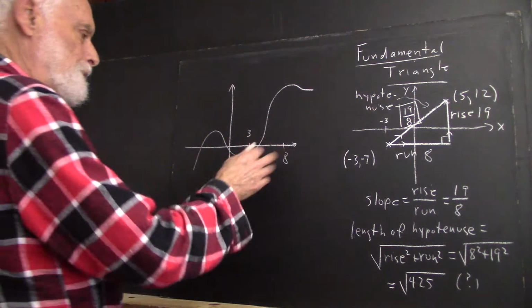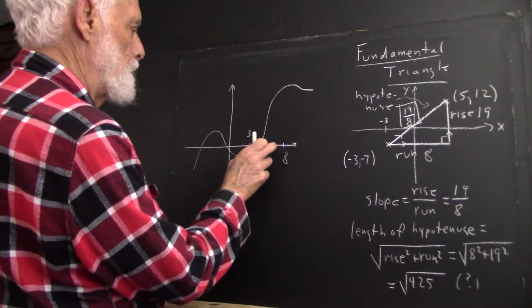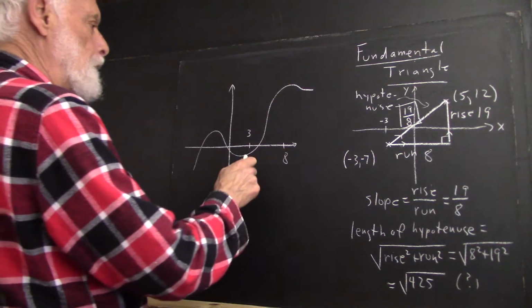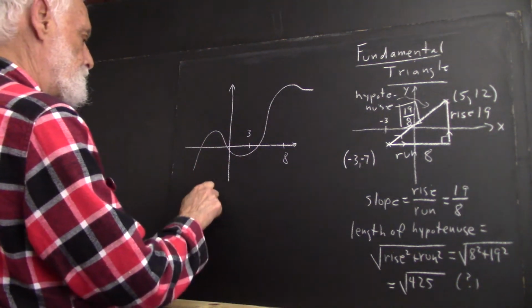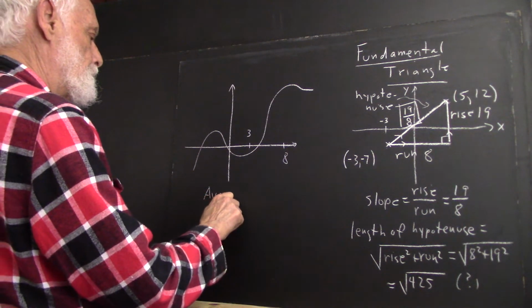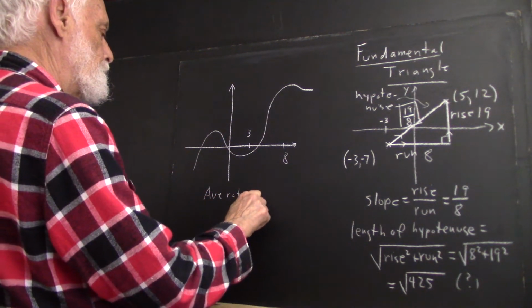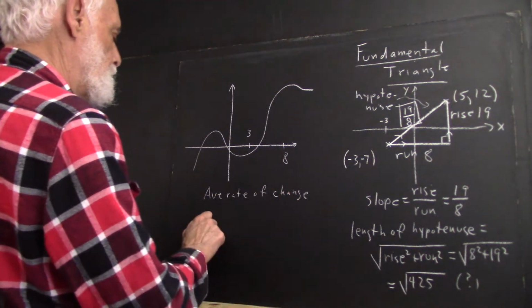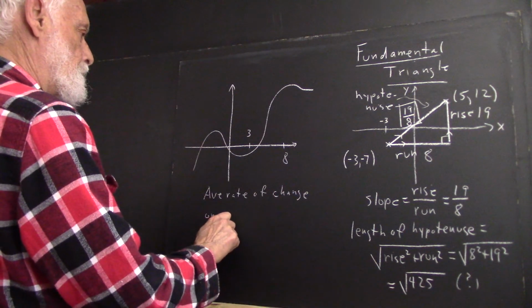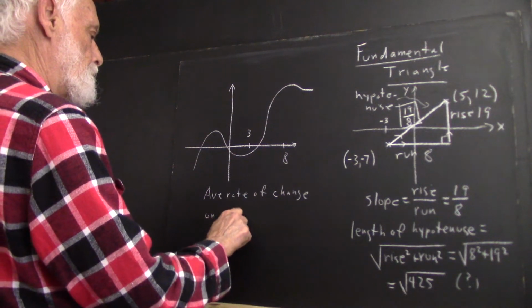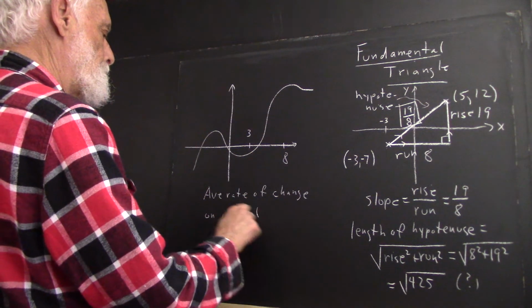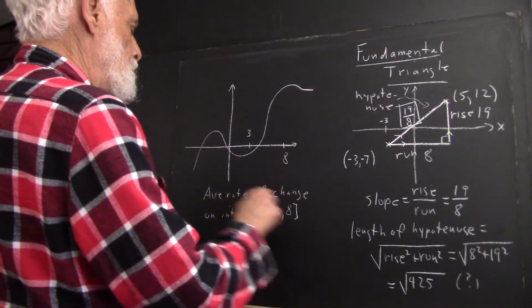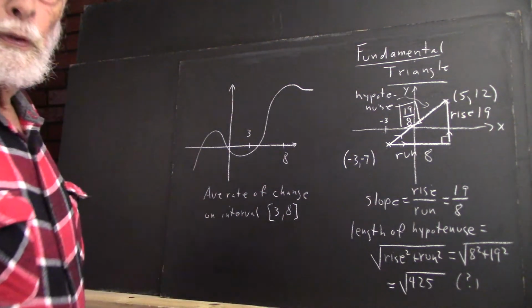Okay, again, not very accurate. 7 might have been a better number, but we're going to use 8. Okay, so with the average rate of change in the interval 3, 8.